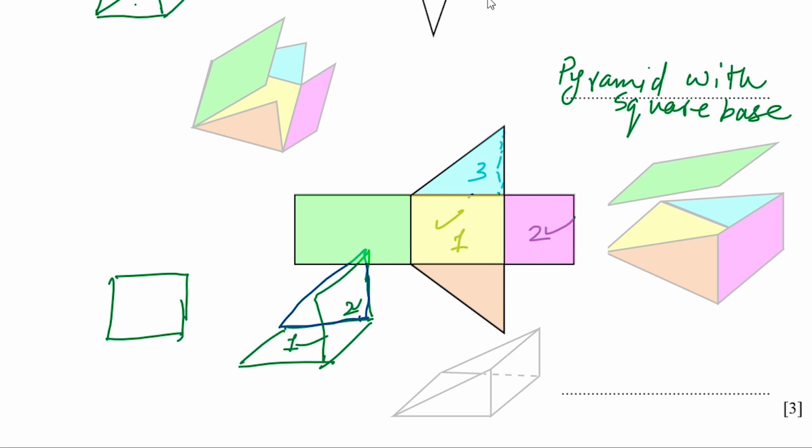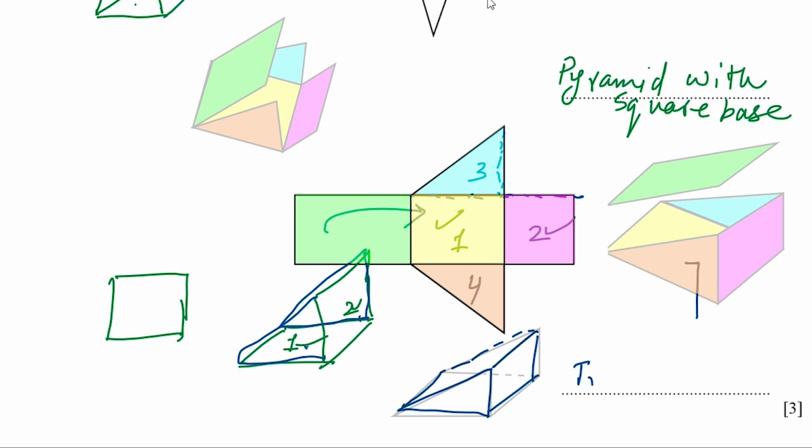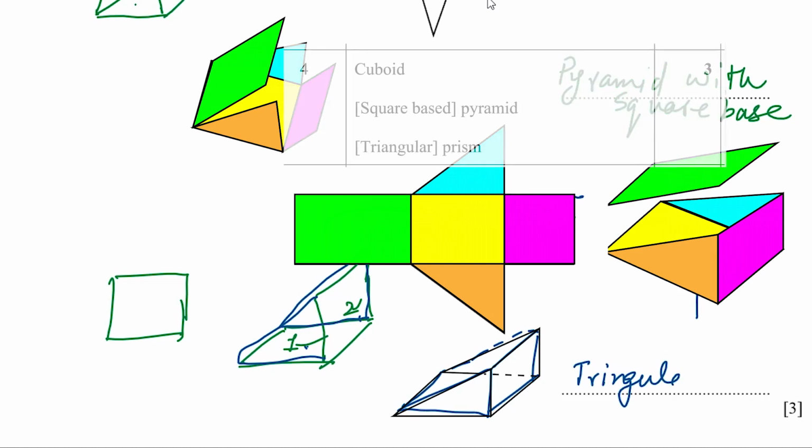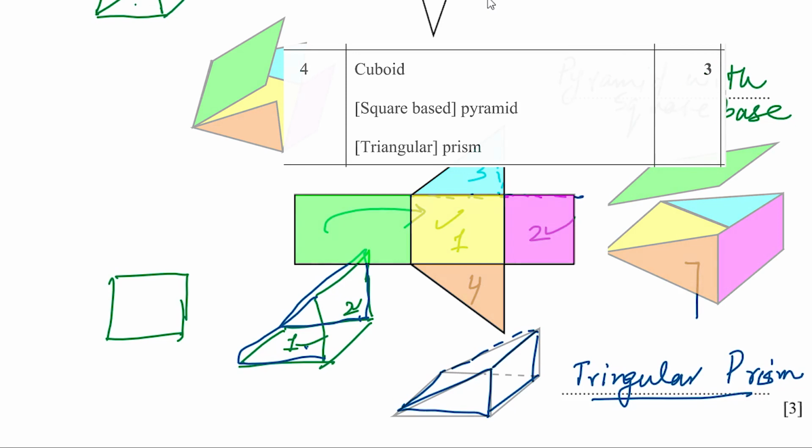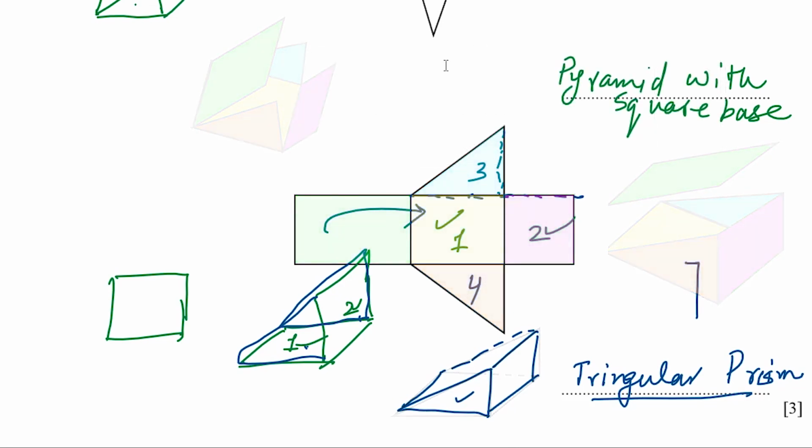This edge will be joined with this one, and this is where it will be rotated. In the same way, this fourth one will be here in this case. So this is a triangular prism. Prism with the base triangle. Prism, triangle as its base. Right angle triangle as its base.